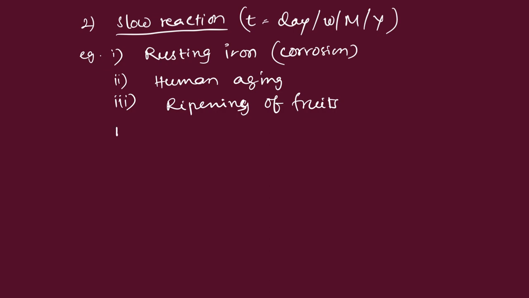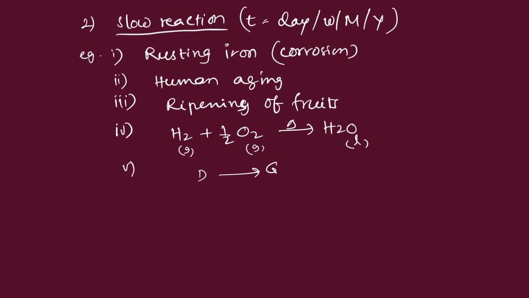Next, fourth one, hydrogen plus oxygen convert into H2O liquid. This is also a very slow reaction, at high temperature on heating. Next, fifth, diamond converting into graphite, that is also a slow reaction.